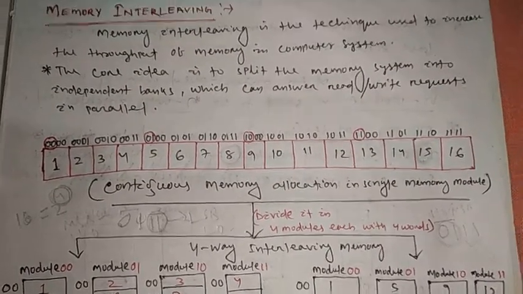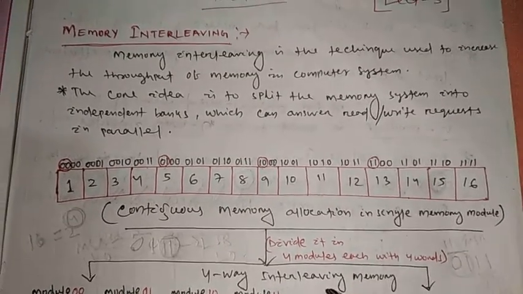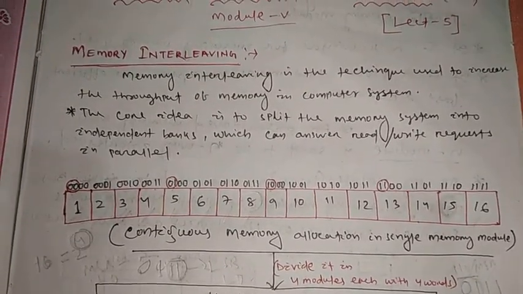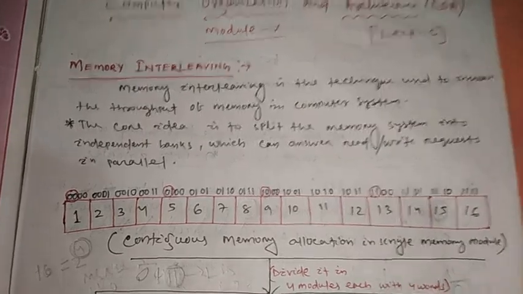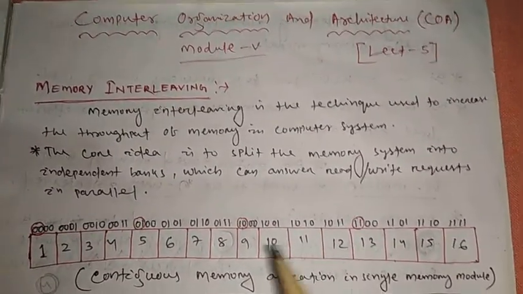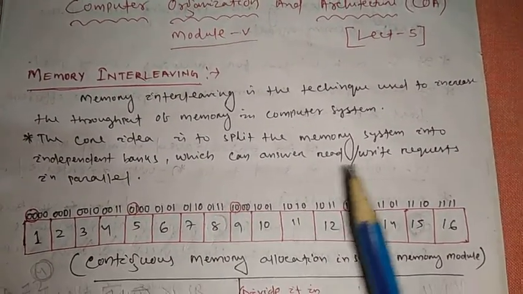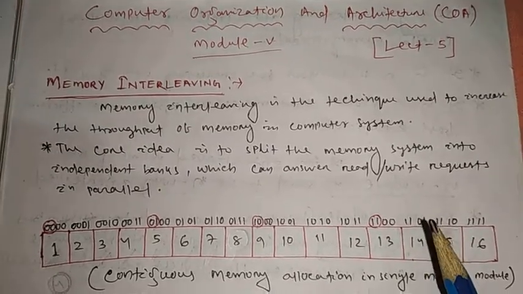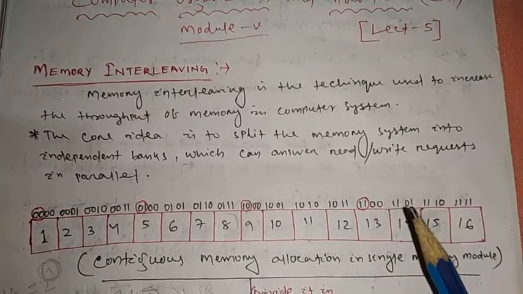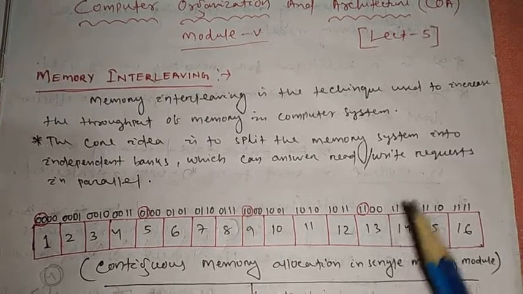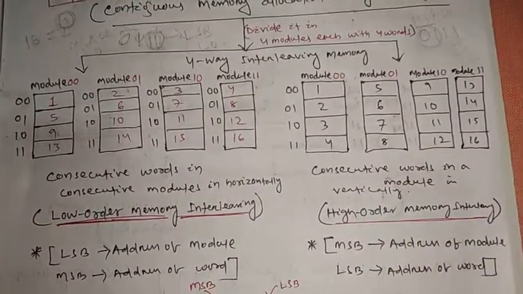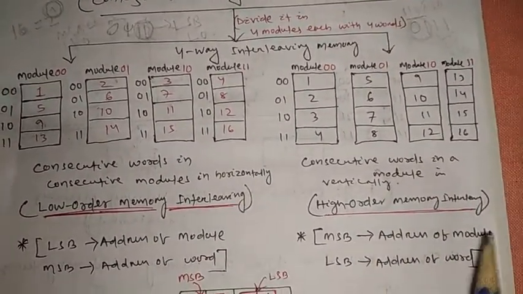By this technique we can also achieve structural pipelining methods. So this is all about memory interleaving, and in the next video we'll discuss the different types of memory interleaving in detail, that is low order memory interleaving and high order memory interleaving.